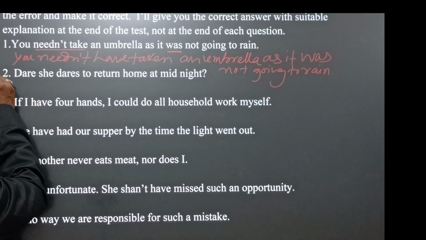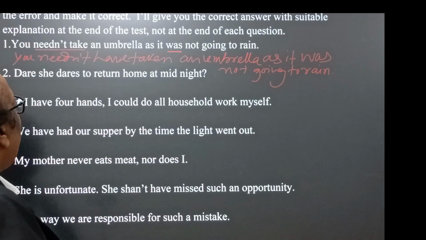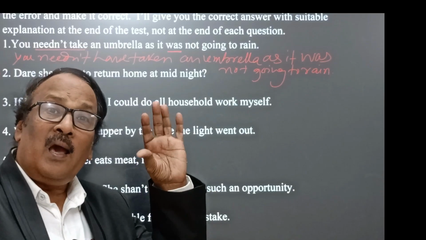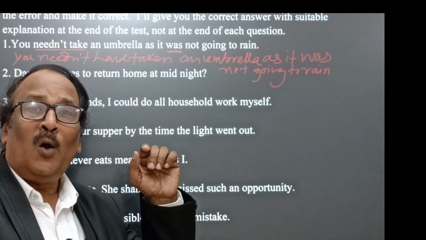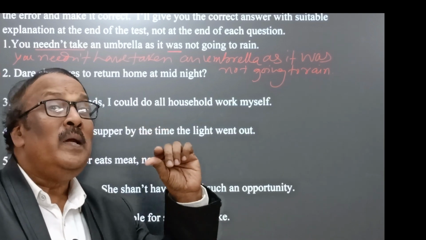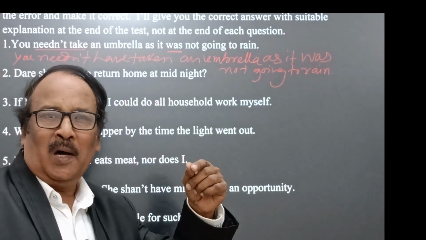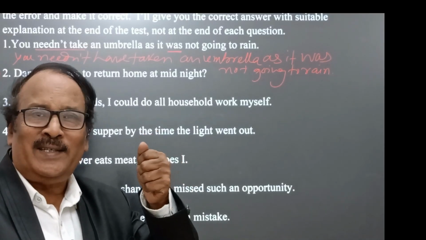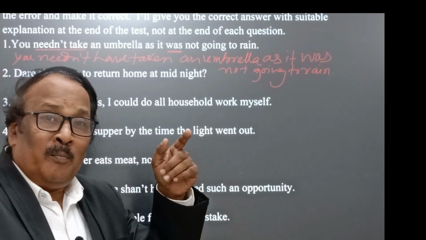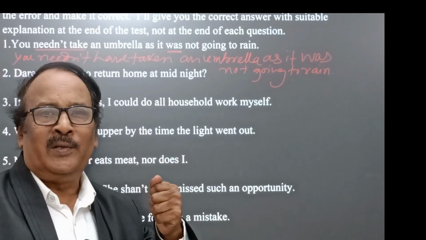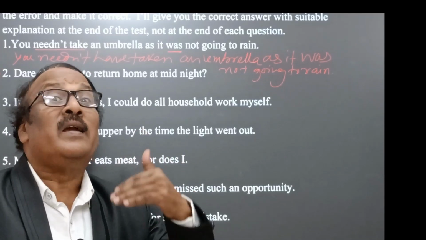Now come to question number 2. Darcy dares to return home at midnight. In the last class we discussed that dare is a semi-modal auxiliary verb like need. As a modal auxiliary verb, it modifies the main verb, expressing challenge or courage, but as a main verb it expresses the idea to challenge or to take risk.